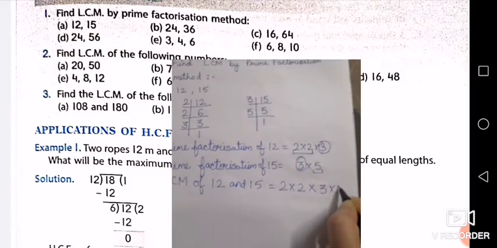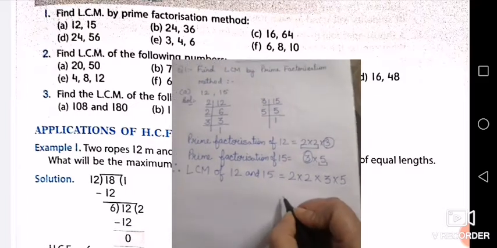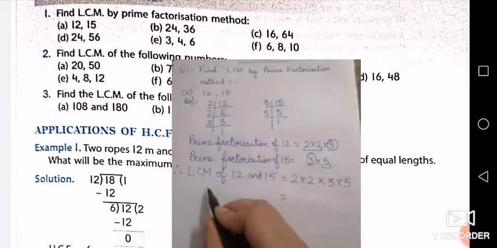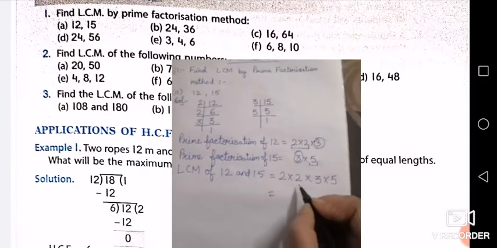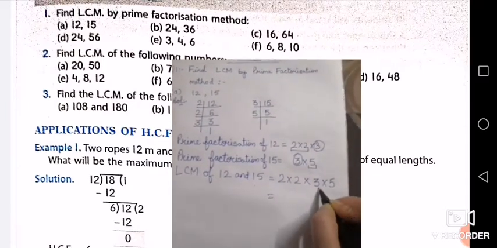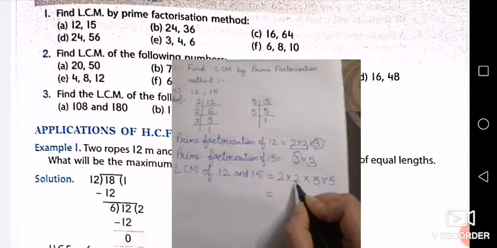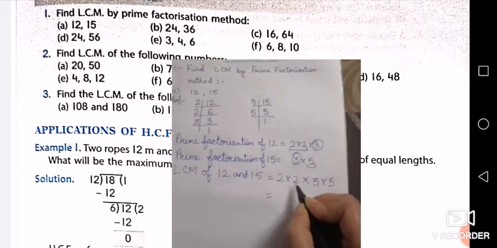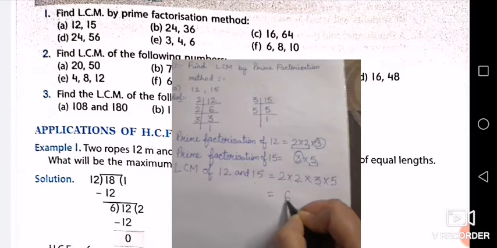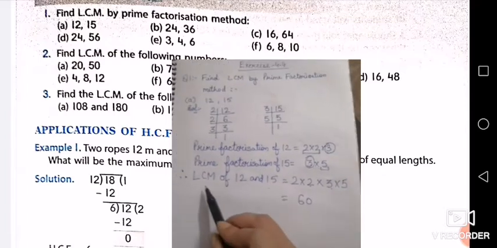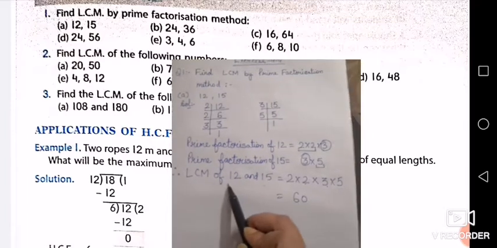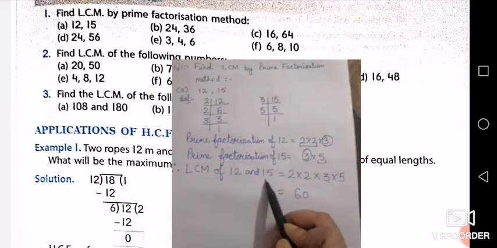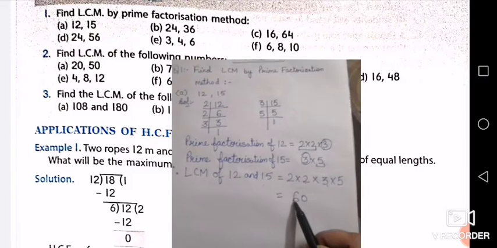Then multiply by 5. Then do the multiplication. That will become LCM of 12 and 15. 5 threes are 15, 15 twos are 30, and 30 twos are 60. So LCM of 12 and 15 is equal to 60.